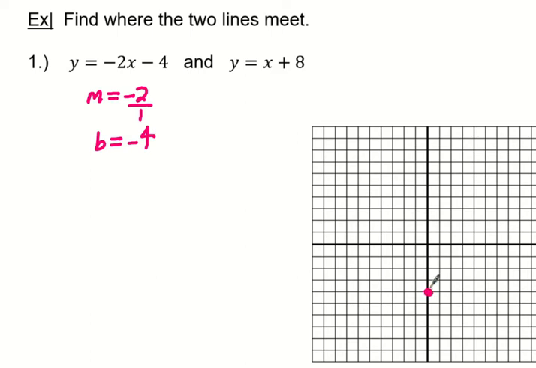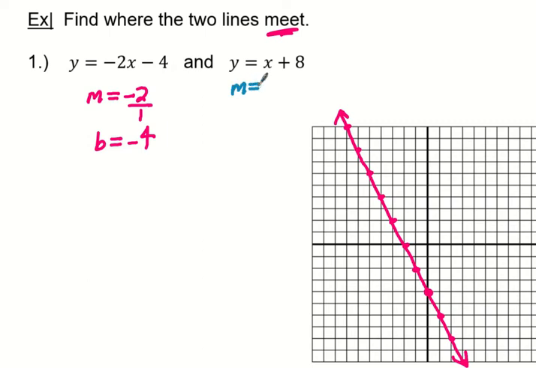So we begin with b, -1, -2, -4, and then we go down 2/1, down 2/1, down 2/1, even in the reverse direction, to make sure my line is passing through all the correct points. And we're going to find where these two lines meet, which is essentially going to solve this system of two equations.